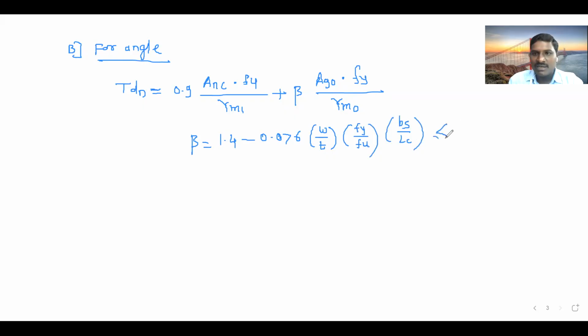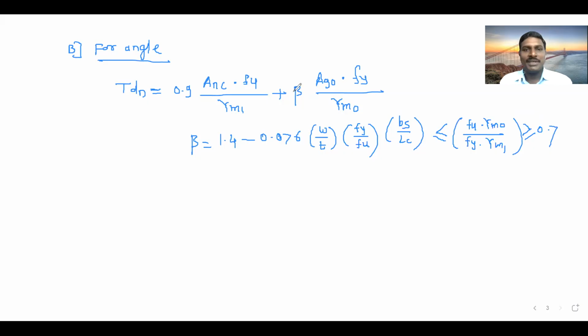It should be less than or equal to Fu into gamma M0 divided by Fy into gamma M1, and this should be greater than or equal to 0.7. So beta value we can calculate by using this formula.